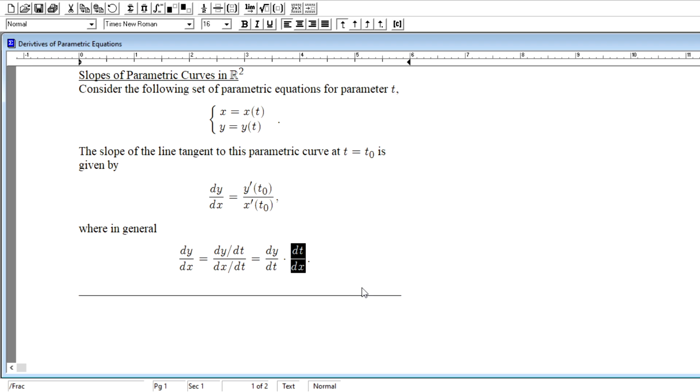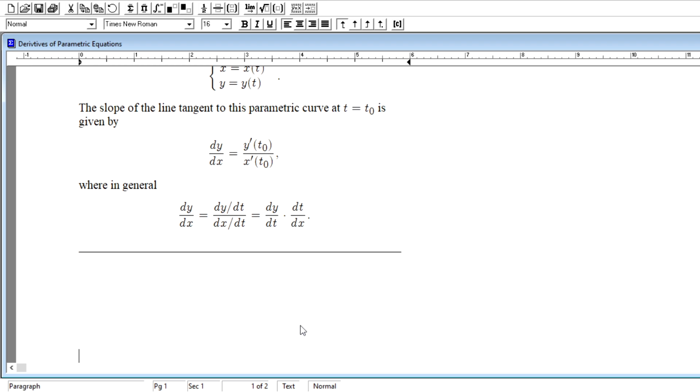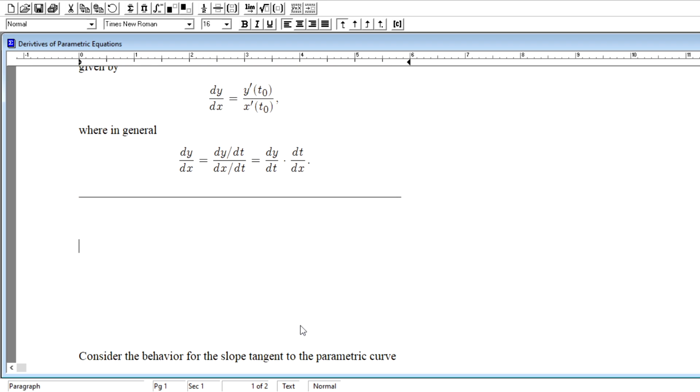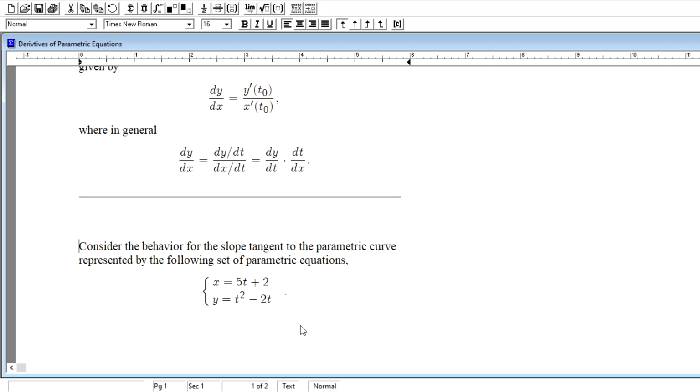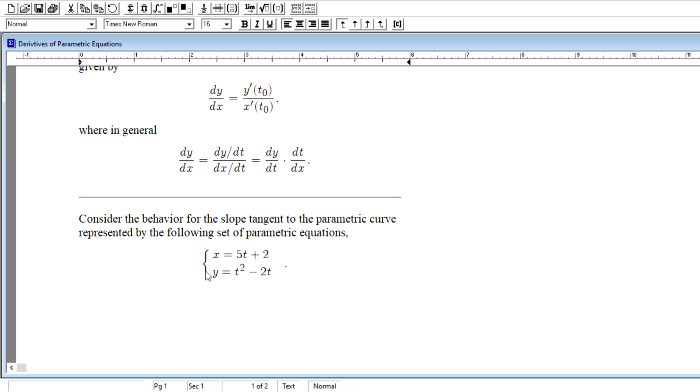Now, if we put that into play, let's consider the behavior for the slope of the tangent for the parametric curve represented by x equals 5t plus 2 and y equals t squared minus 2t.